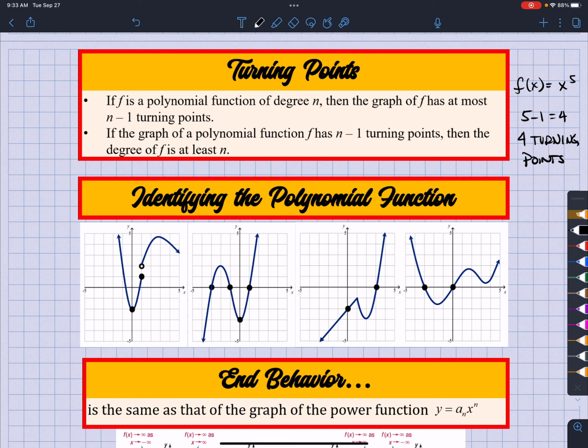And we can always work backwards: if it was 4, just say n minus 1 is equal to 4, solve for n, and you'll know that the power is 5. So it's the power minus 1.